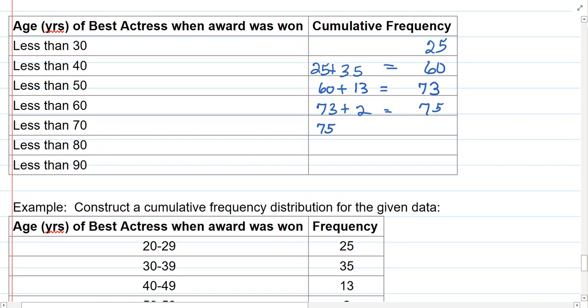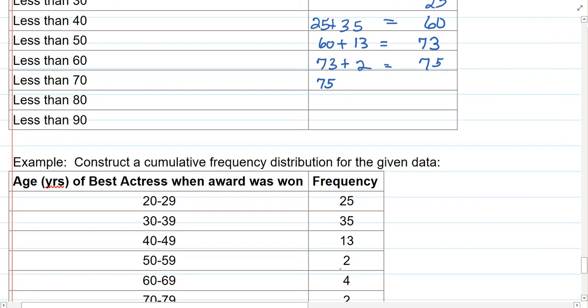Did I skip one? Let me see. 13, 2. Yes, 75. Okay. Up to the 70 would be the 75 plus the 4, which gives us 79. And then the 79 plus the 2 will give us 81, which reaches the 80 category.